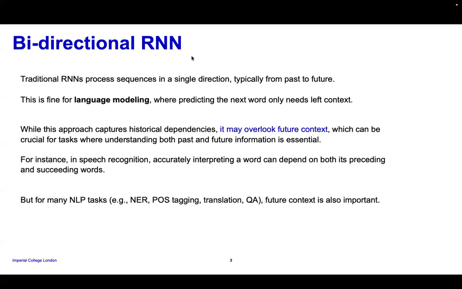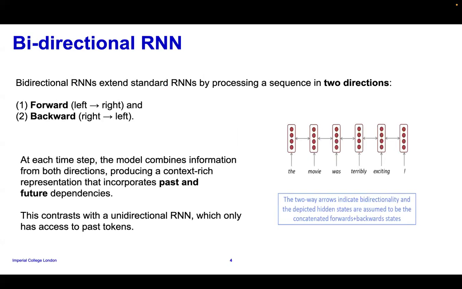And then we have what we call bidirectional RNN. Bidirectional RNN basically extends the classical RNN in two directions: front to back and back to front. If you remember, we have seen some problems with the classical RNN.